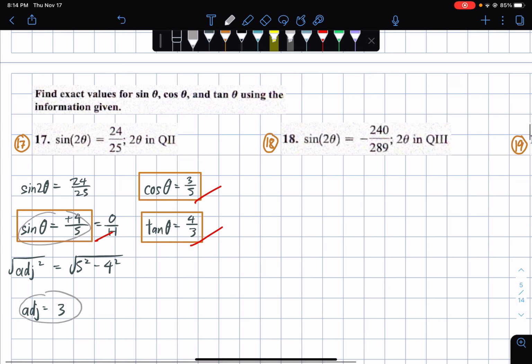Find the exact values for sine theta, cosine theta, and tangent theta using the information given. So, managed to find a way in number 17.